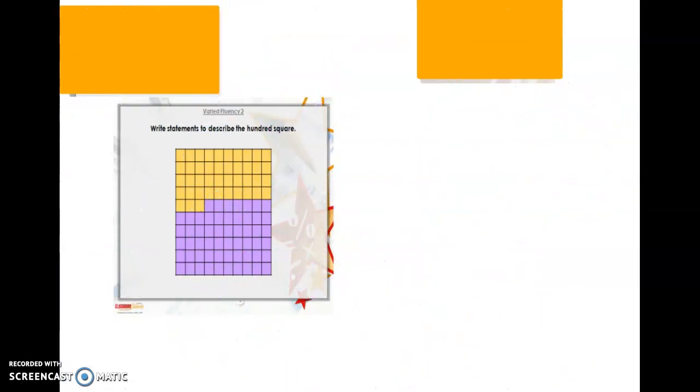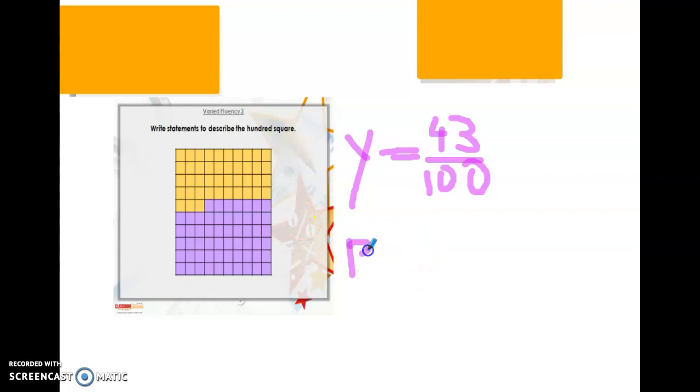Now if we move on to hundredths, what is the fraction of yellow color parts here? Out of 100, 10, 20, 30, 40, 43. Here 10, 20, 30, 40, 50, 57. The fraction of purple color is 57.